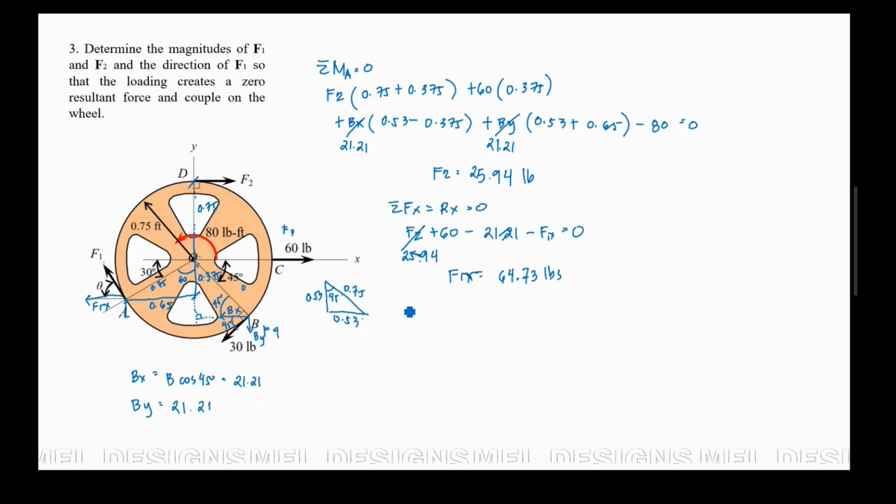Now, for our Ry, taking the summation of forces along the y-axis. So that is our resultant y. It is also equal to 0. So we have here, okay, F2 none, here none. So we have negative By, so negative 21.21. Why is that? Negative 21.21 plus F1y. This is our F1y. And it is equal to 0.